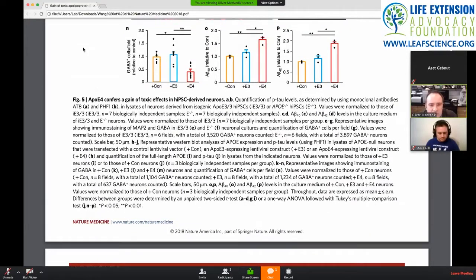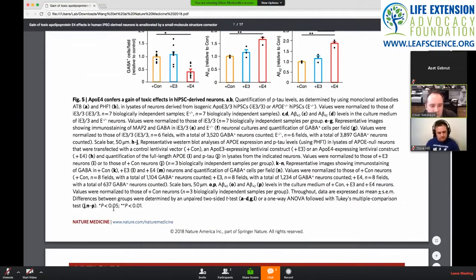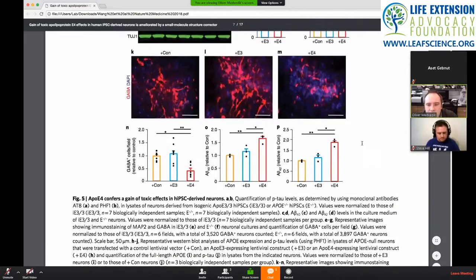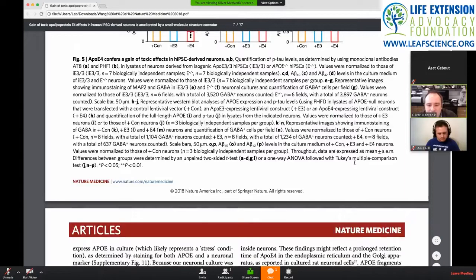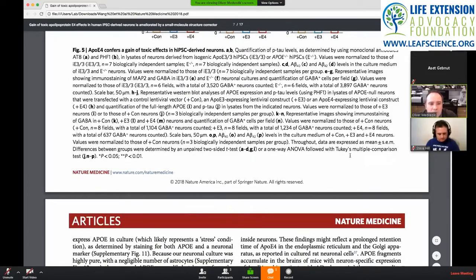So p-values aren't as low as they were in the other ones, but still p<0.05, which is kind of your baseline of acceptance, right? It's 95% certainty, p<0.01, 99% or something like that. So anyway, acceptable statistically. This is figure 5.